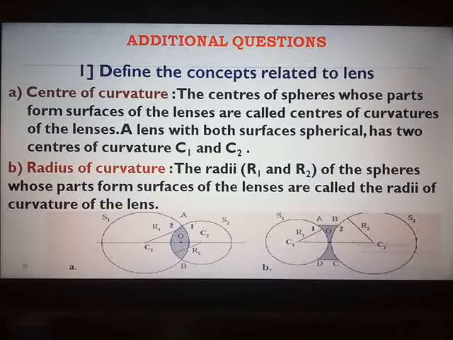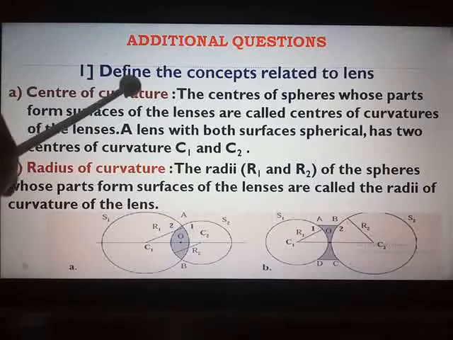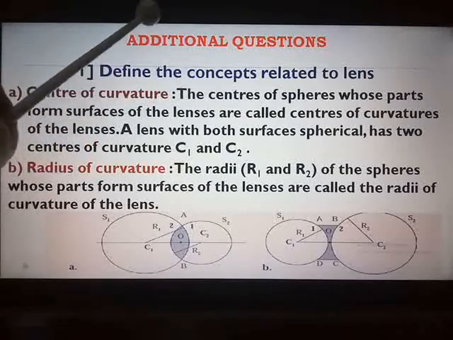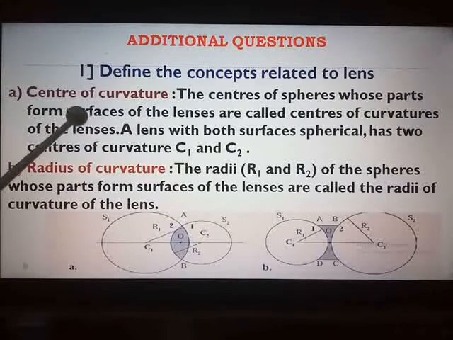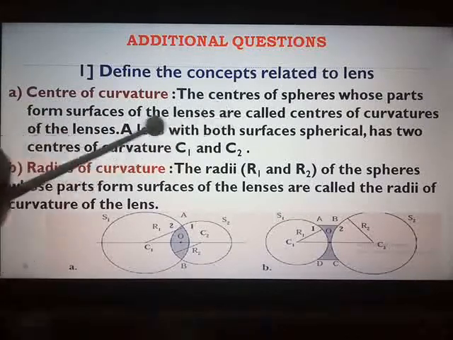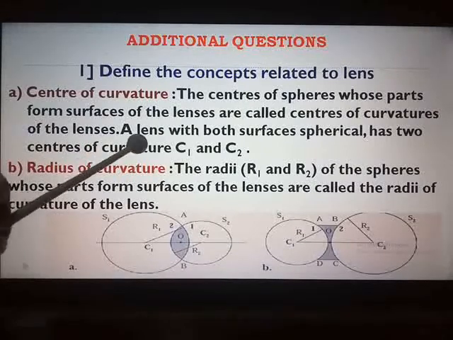First additional question. The first definition, center of curvature. Clearly you can mark in the textbook, page number 81, first line. The centers of spheres whose parts form surfaces of the lenses are called centers of curvature of the lenses. If you want, you can add over here, a lens with both surfaces spherical has two centers of curvature, C1 and C2.